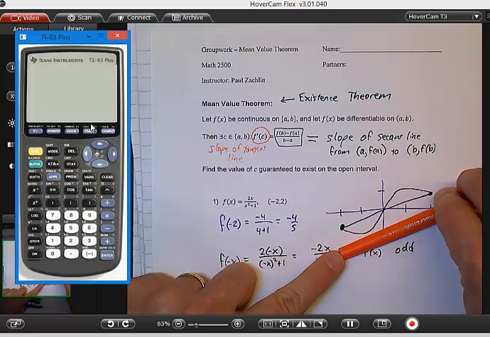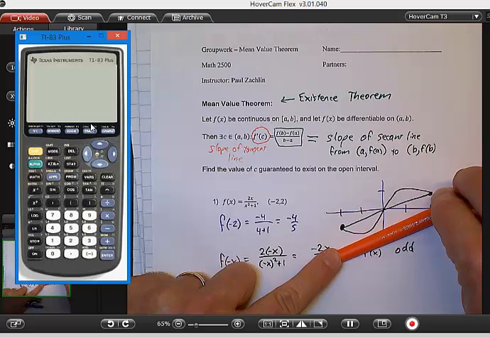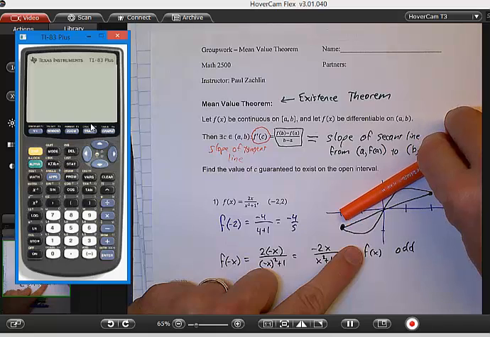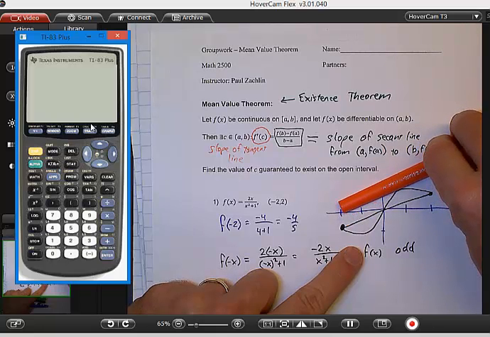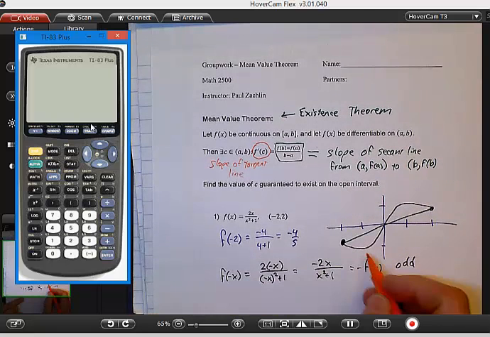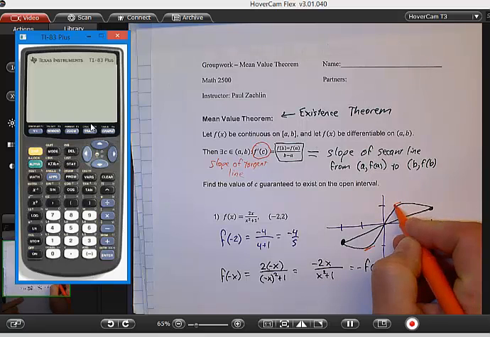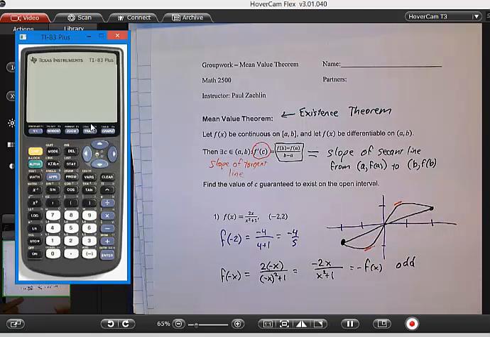Think so? There, somewhere around there, right? And then I would actually go past it, and then there actually would be another place where, again, you see that? So in my mind, I think there are two places where the tangent line would have the same slope as the secant line.